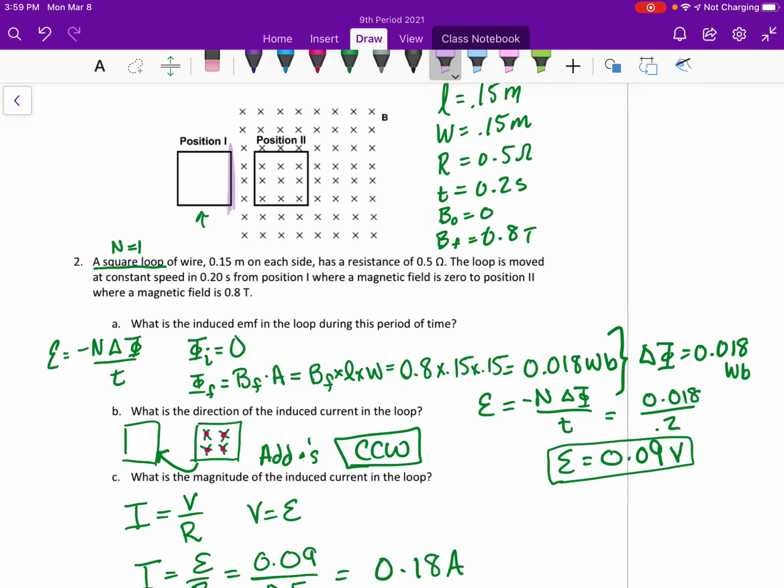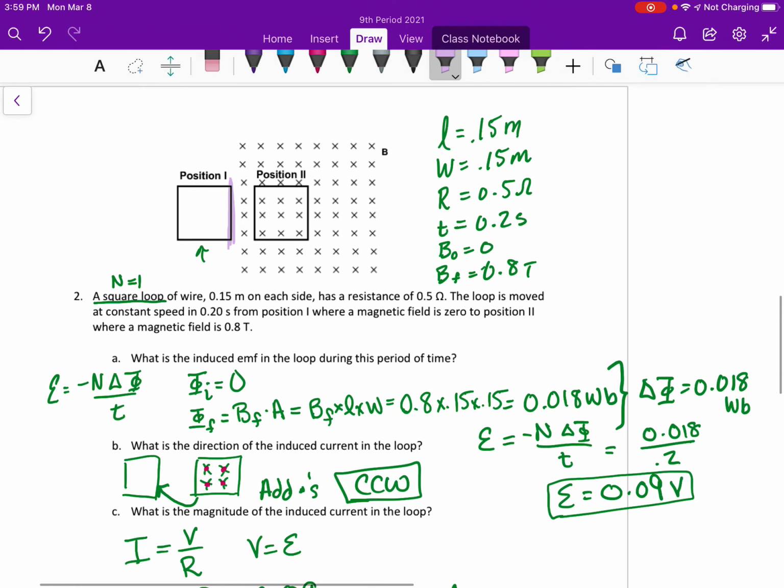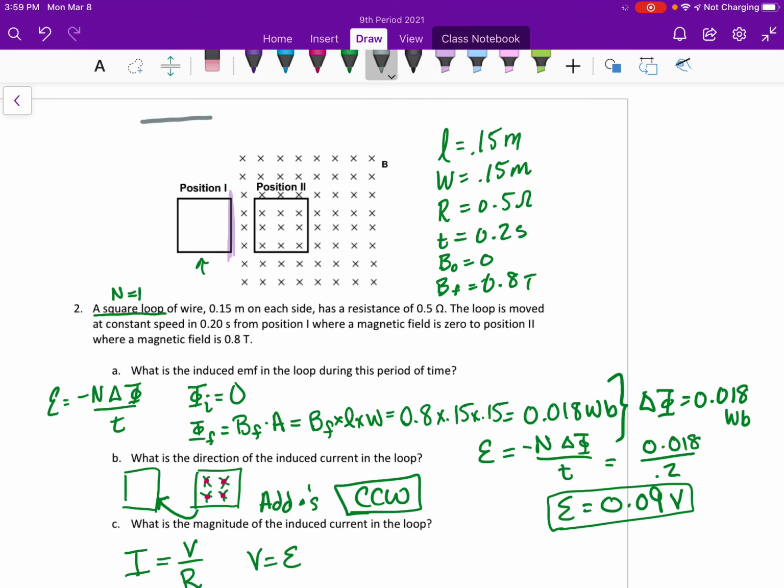So just use that length. In this case, it's not that difficult because we have a square. But if you had a rectangle going into the magnetic field, you would only use this leading edge for your length. Don't use the whole length, and don't use the long side. Use the part that's being pushed into the magnetic field.